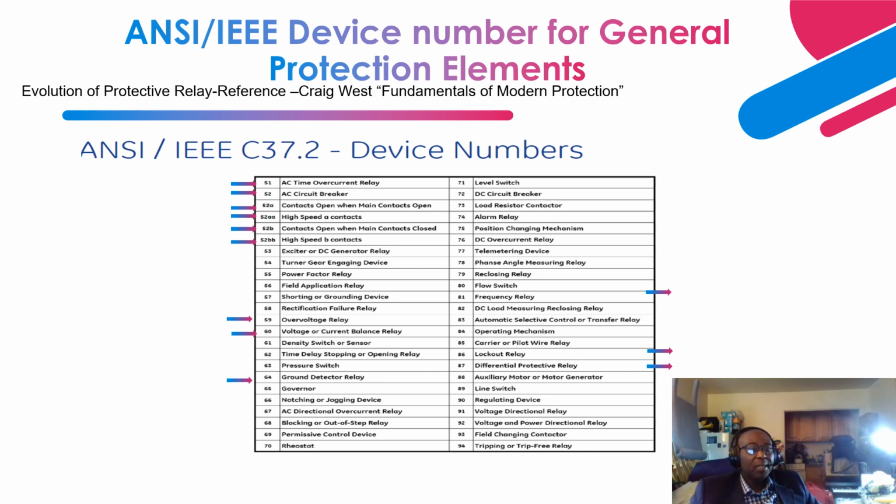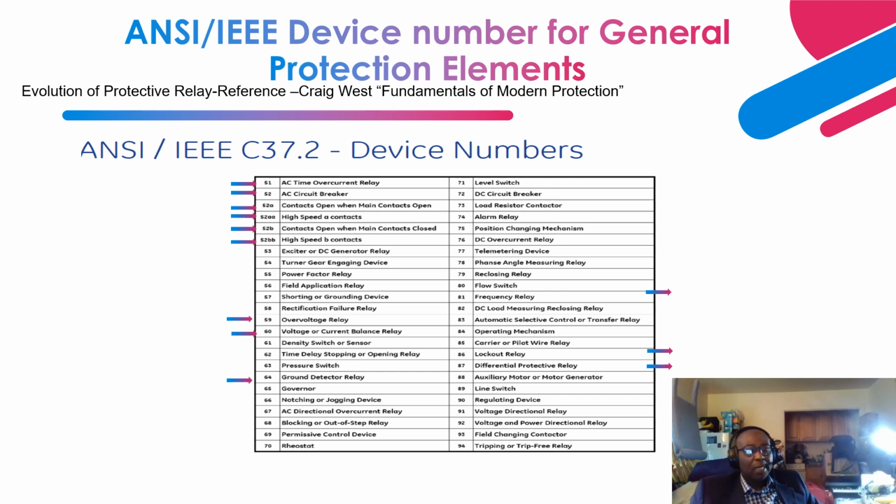Next is AC circuit breaker. That's ANSI device 52. Then we have 52A, 52AA. Those are auxiliary contacts for the breakers. So for breakers that use high-speed contacts, we utilize 52AA and 52BB. Next is over voltage, and that's ANSI device 59.